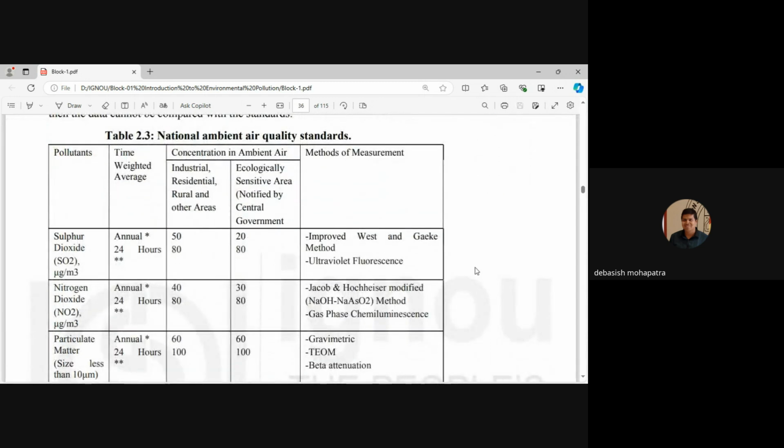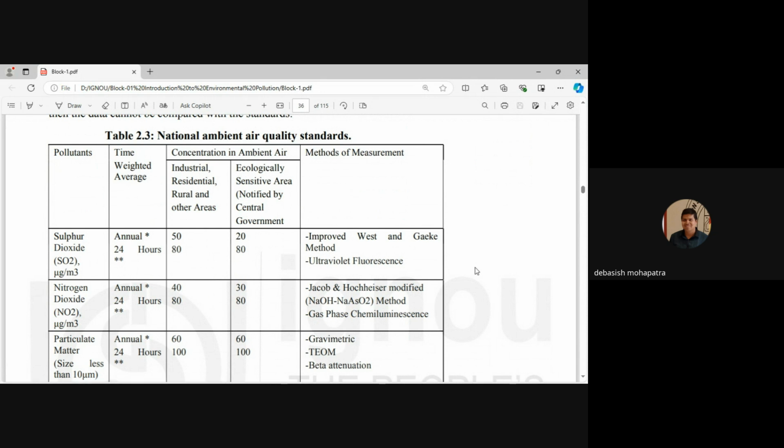Okay, first is the pollutant, then the weighted average, then concentration in ambient air and methods of measurement. First is sulfur dioxide, annual 50 and 24-hour 80 for industrial and residential areas, and 20 and 80 for ecologically sensitive areas. The methods are improved West and Gaeke method and ultraviolet fluorescence. These are the methods by which they are measured.